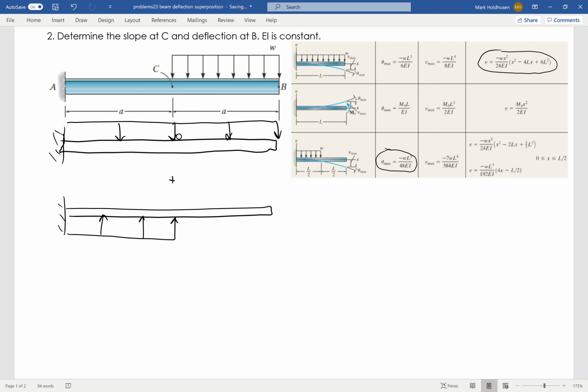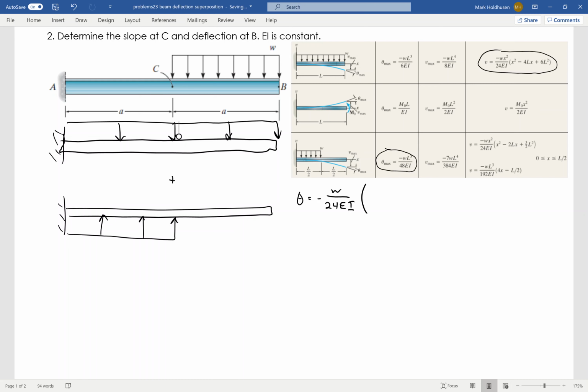Okay, so for the first one, I'm going to take the derivative of that. It'll be x to the fourth, x cubed, and then x squared. So what I'm going to wind up getting when I do that, putting the x back in there, is 24EI like so.